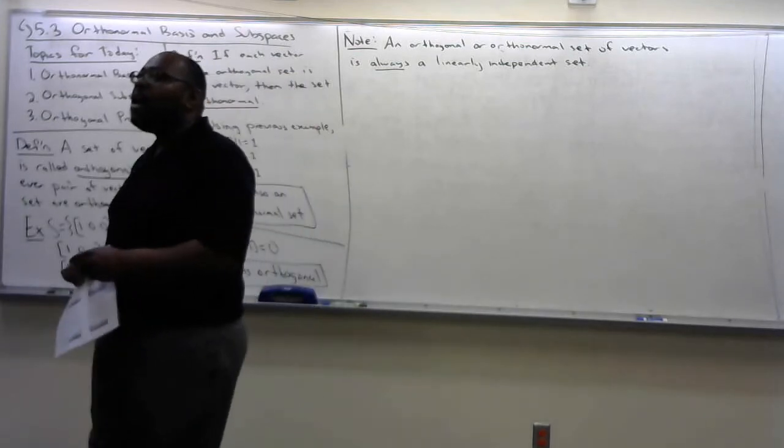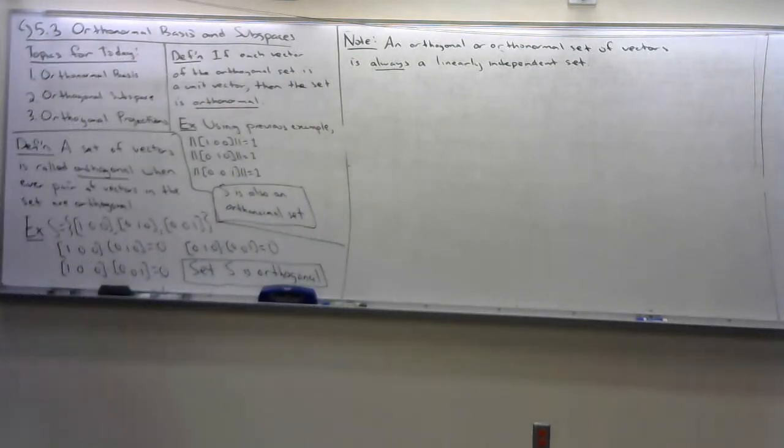So if I have a set of vectors that is orthogonal, then I automatically know that it is linearly independent. I don't have to check for linear independence of an orthogonal set. Likewise, if the set is orthonormal, which means orthogonal and the vectors are all unit vectors, then that set is also linearly independent.